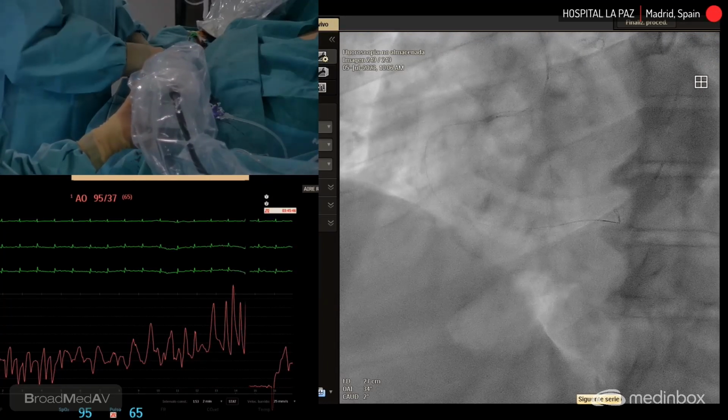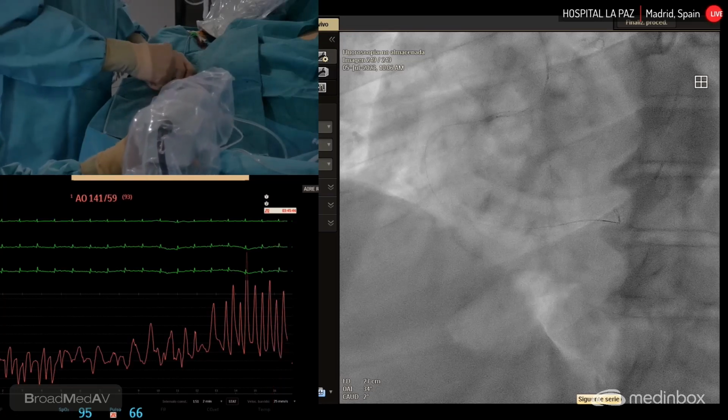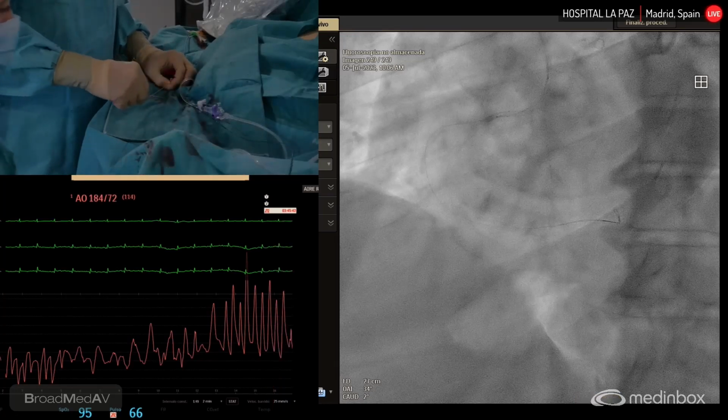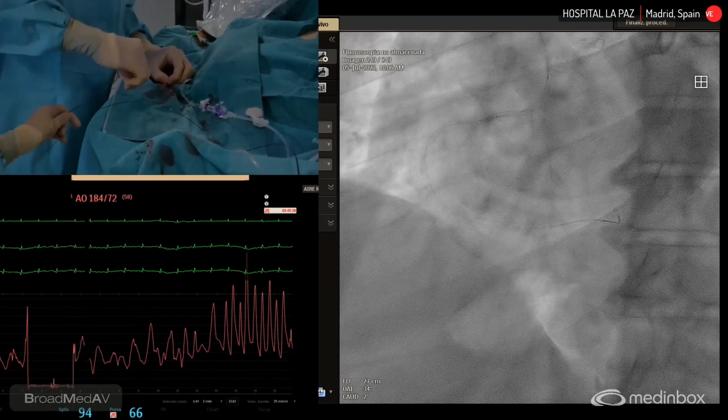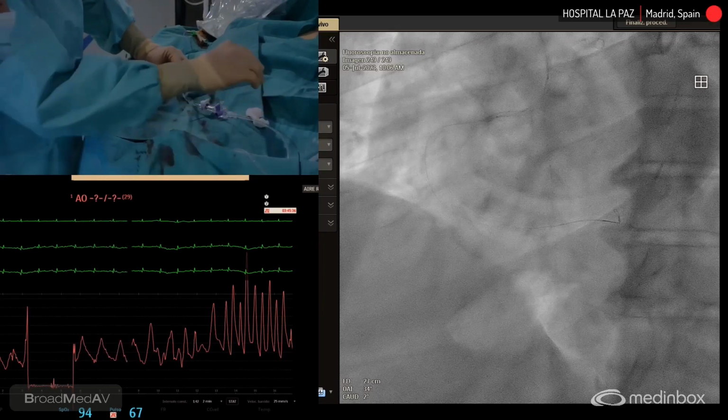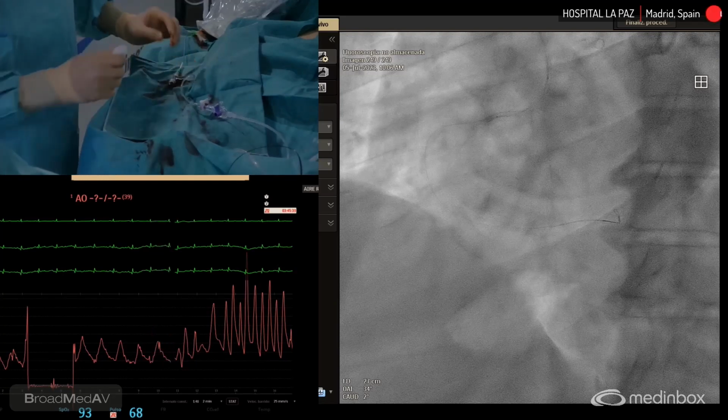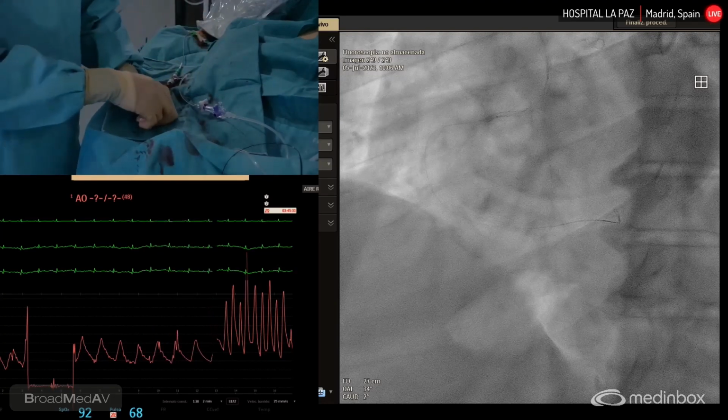Ok, dame un telescope, por favor. Then it's difficult to advance the OCT catheter. We will try to advance with the use of a guide extension. We will use a telescope catheter.